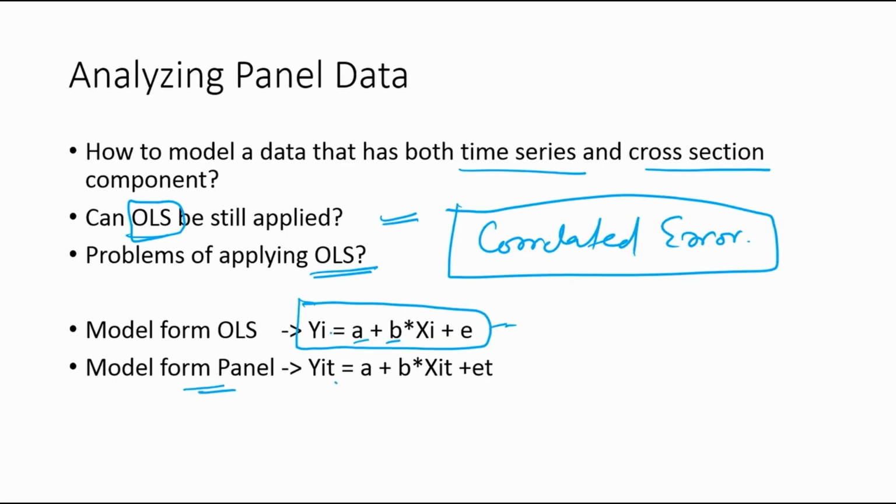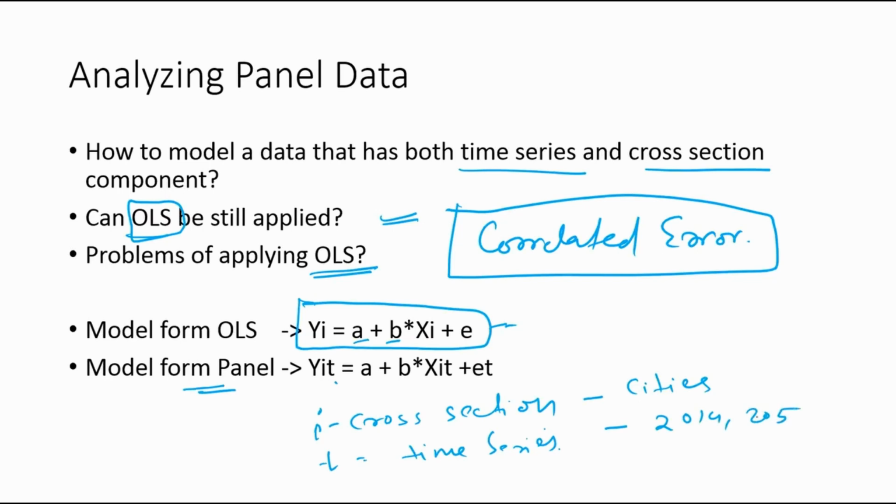So the extra component here is the time component. i stands for the cross section, t stands for the time series. Let's go over both components. For instance, in our example, i stands for the cities, New York, Florida, and so on, and t stands for different time periods, 2014, 2015, and so on.